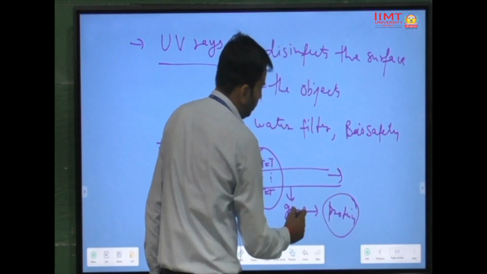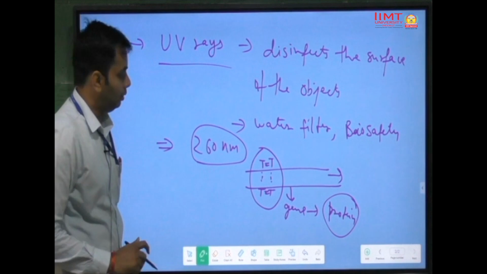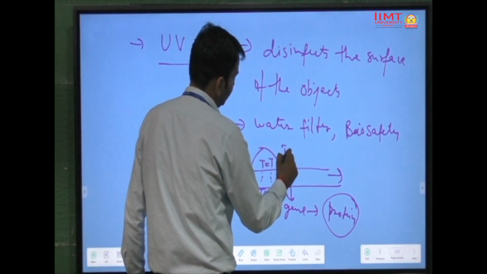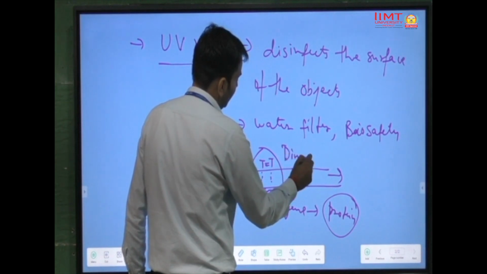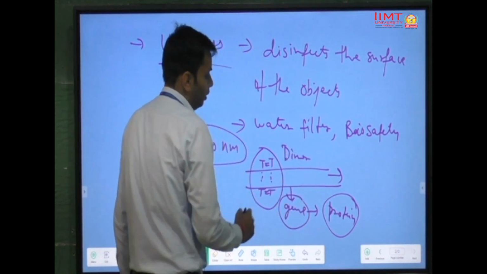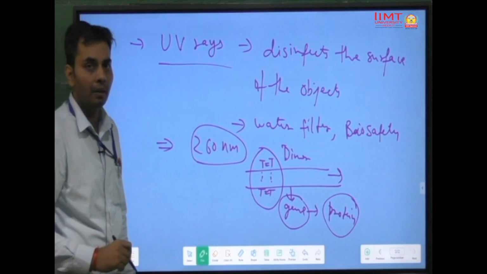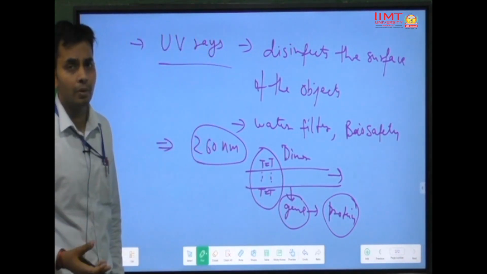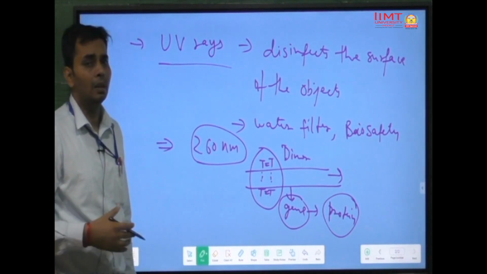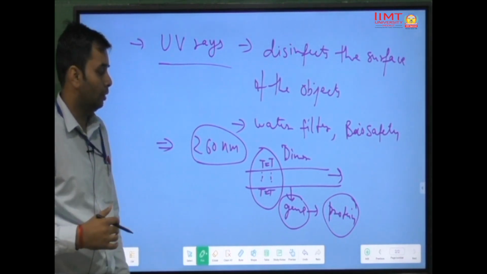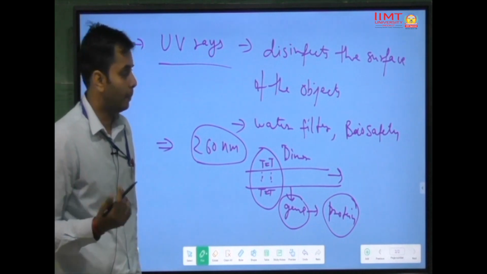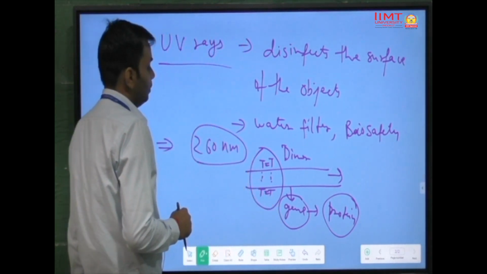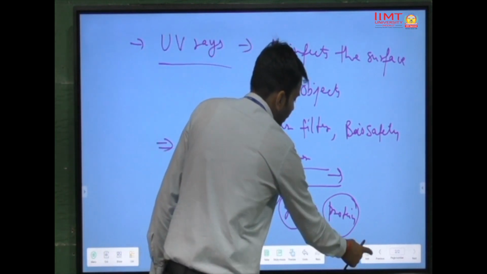So if this happens and these thymine dimers are formed, this gene becomes inactive and does not make the functional protein, and ultimately the function of this DNA is stopped. So this is the mechanism of ultraviolet rays, or non-ionizing radiation.